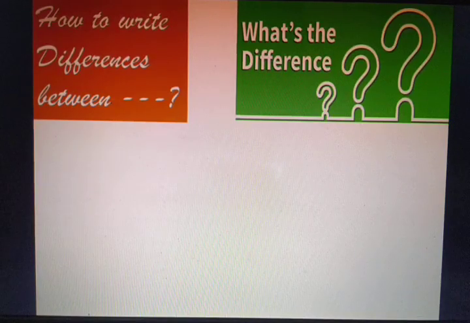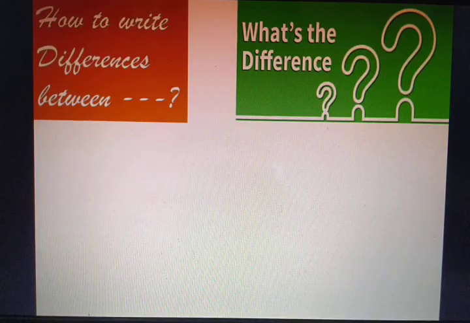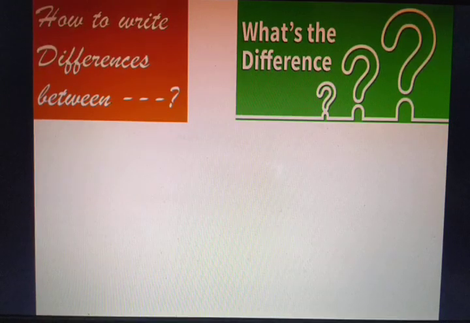I have seen many students give up, rather than submit their writing. Either they write the entire story of the topic as the difference between the 2 topics, or they only give, for example, examples.